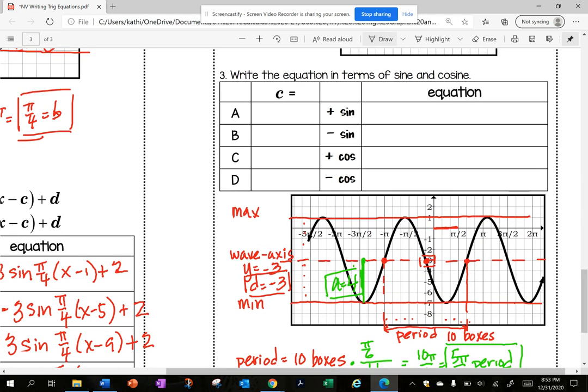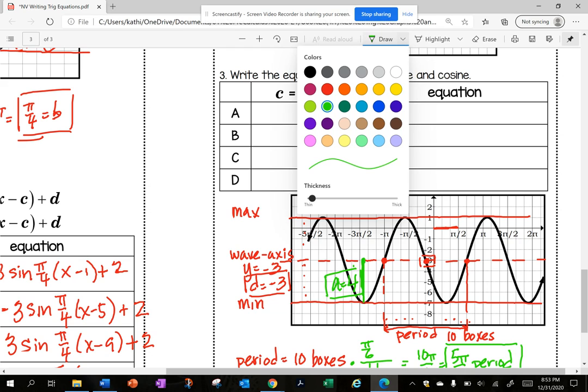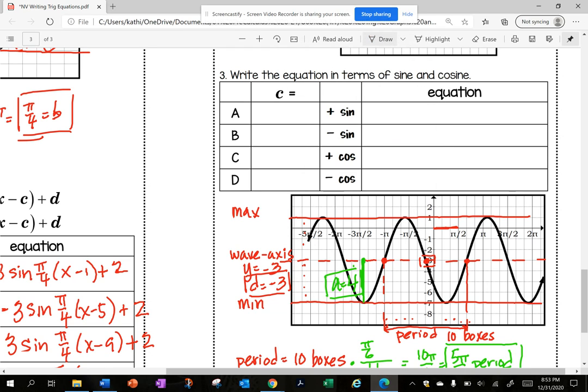Okay, when we are writing trig equations, to pick my C value, I am going to pick my closest value to the y-axis, whether that is to the left or to the right.